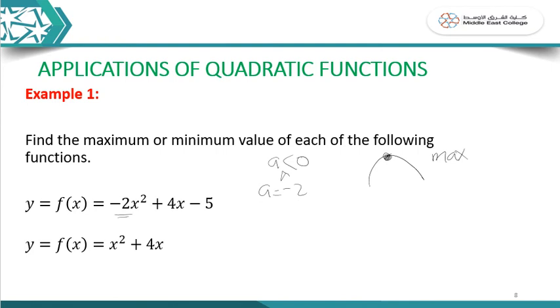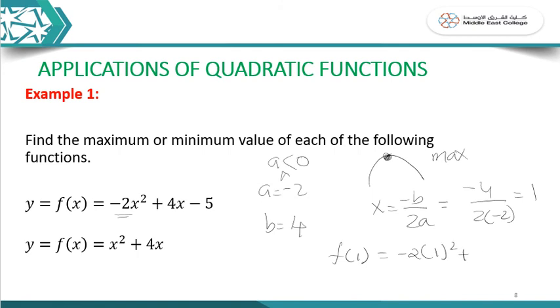Okay, now a is equal to minus 2, b is equal to 4. So x equals minus b over 2a. This is equal to minus 4 over 2 multiplied by minus 2, which is equal to 1. Now f of 1 is equal to minus 2 multiplied by 1 squared plus 4 multiplied by 1 minus 5.